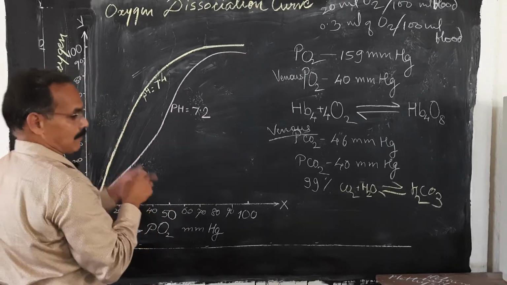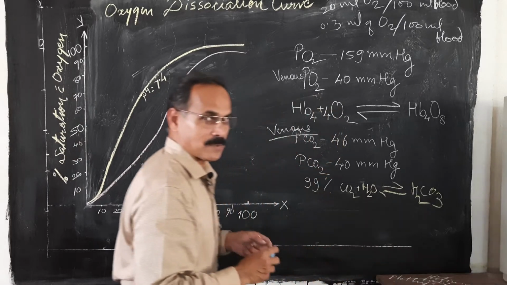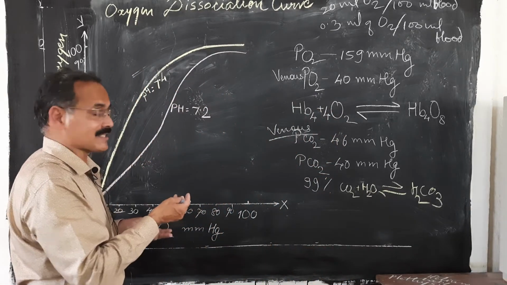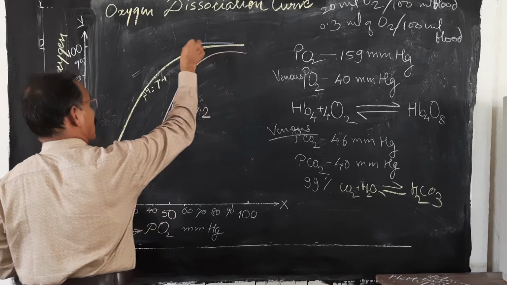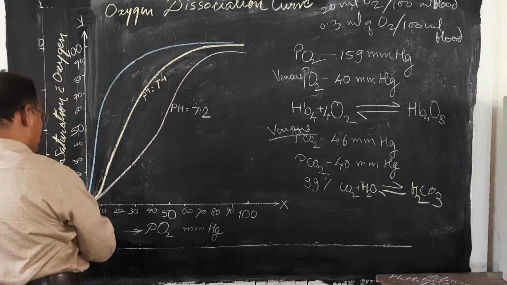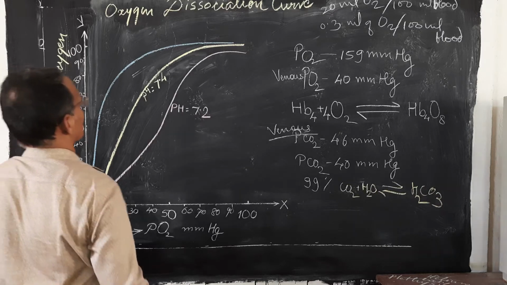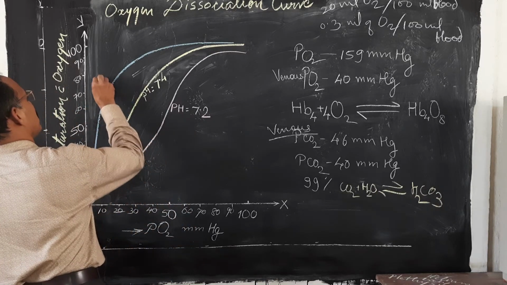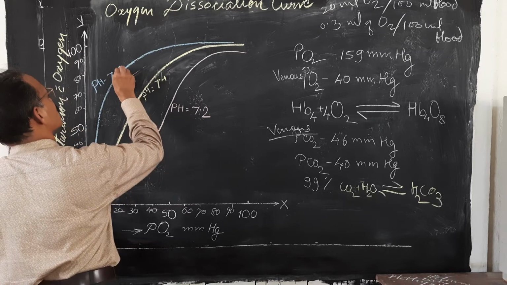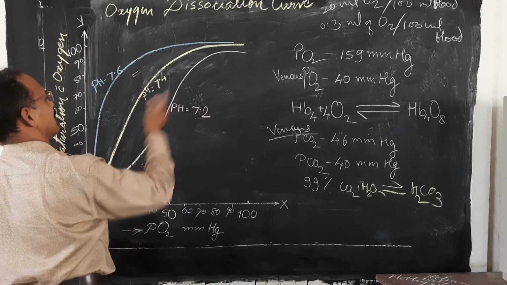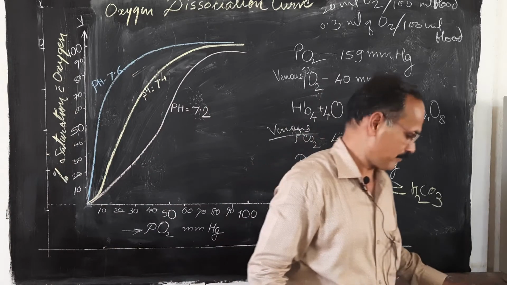Now what about the H+ ion concentration? If it decreases, what happens here? The graph tries to become T-shaped like this. When pH increases, suppose it reaches 7.6, then you will get this kind of curve.